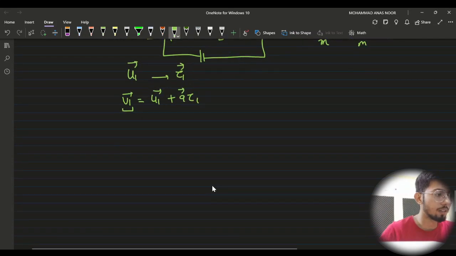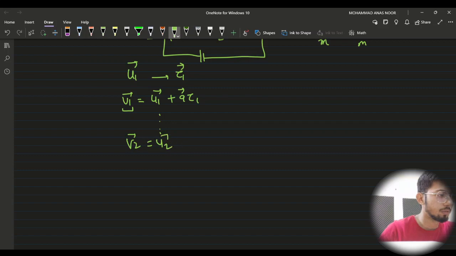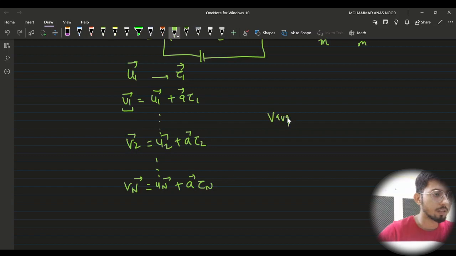Similarly, for n electrons, v2 would be u2 plus a tau 2, and for the nth electron, vn is un plus a tau n. If you find the average final velocity, not the initial, the final, so v average for each one of the electrons would be the addition of each one of these divided by n.